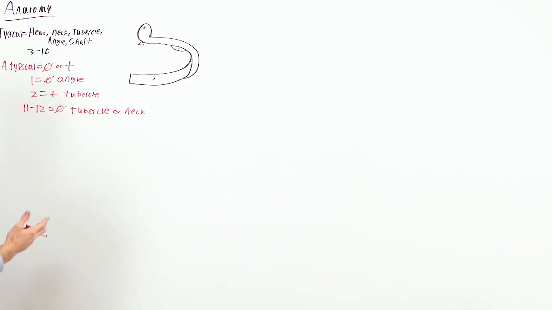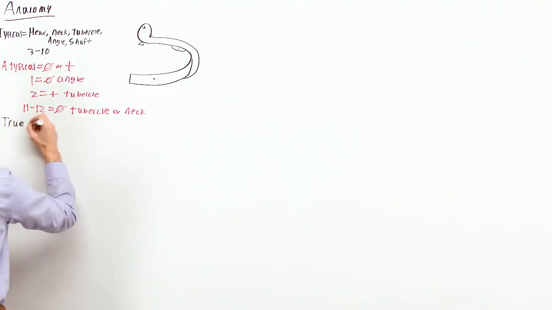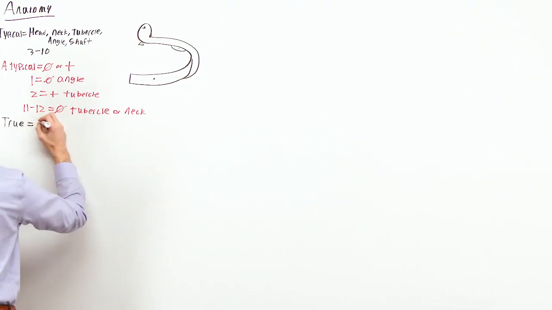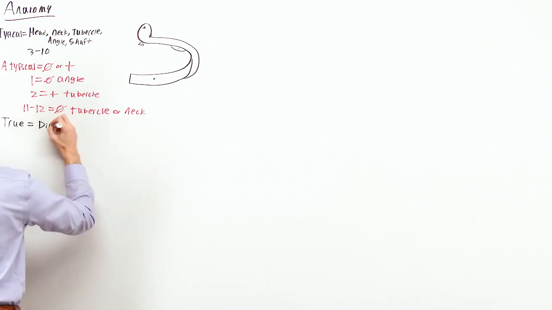So there are 3 other classifications of ribs that you need to know. You need to know the difference between a true rib, a false rib, and a floating rib. So a true rib is a rib that directly connects to the sternum.